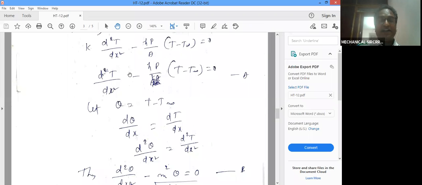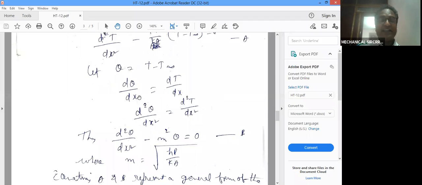And if you differentiate this one, d theta by dx is equal to dT by dx. T free stream, the outside fluid temperature or free stream temperature, is assumed constant for a given value of T free stream. By assuming it constant, the differentiation of a constant is 0. That's why here the variable is temperature T, and T free stream is constant.